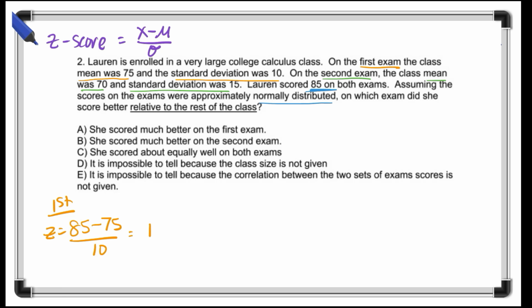And on the second exam, the z-score is value of 85 minus the mean over the standard deviation, which is actually also 1. So, with these two numbers, the z-scores are the same, so Lauren actually scored about equal on both exams relative to the rest of the class.